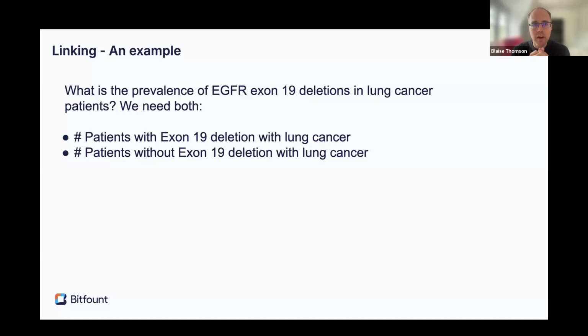They might think, okay, what's the prevalence of this exon 19 deletion in lung cancer patients? Except that all the genetic data is in one site and all the clinical data is in a different site. So what we're looking for really is just the number of patients with the deletion and with lung cancer, and the number of patients without the deletion and with lung cancer.